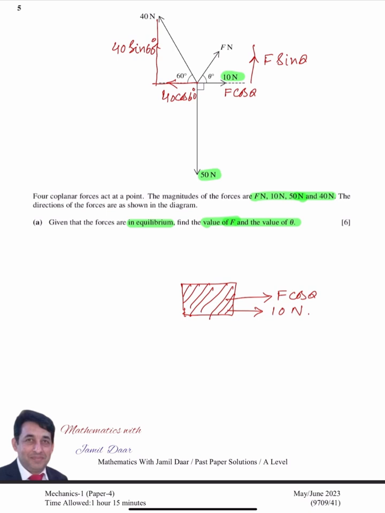In the opposite direction to this one, the horizontal component, negative x, is 40 cos 60 only. And in the upper direction there are F sin theta and 40 sin 60.